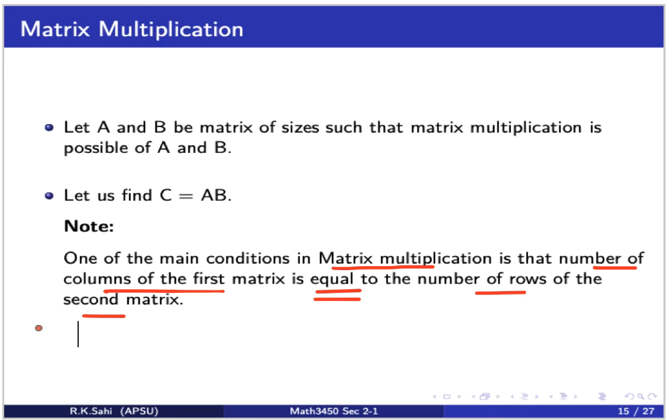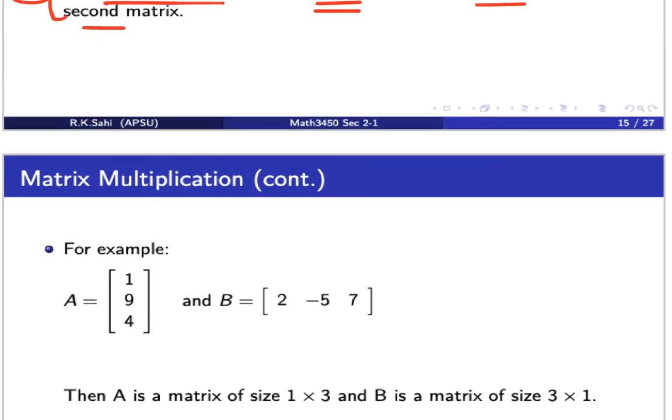So matrix multiplication is going to give us a new matrix, provided this condition holds. This is the most important condition in matrix multiplication. What I'm going to do is show you with the help of examples how matrix multiplication is done. Okay, let's start with that.